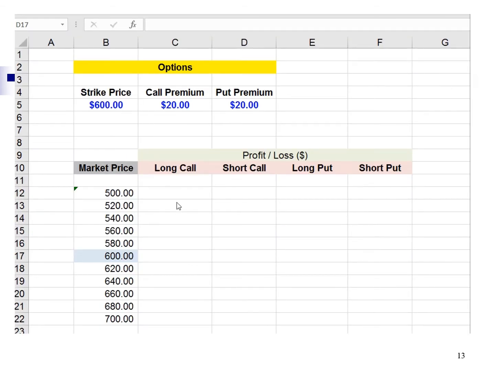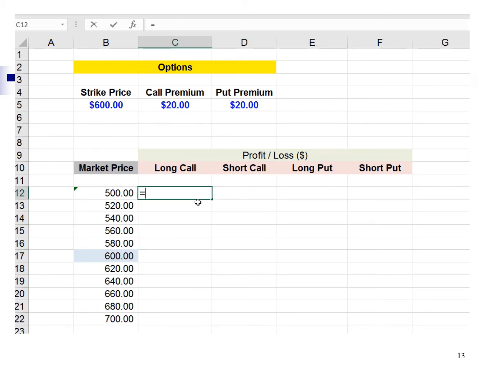I'm going to show you how to calculate the profit or loss for call option. A call option will be in the money if the market price is higher than the strike price. Long means buy and short means sell.